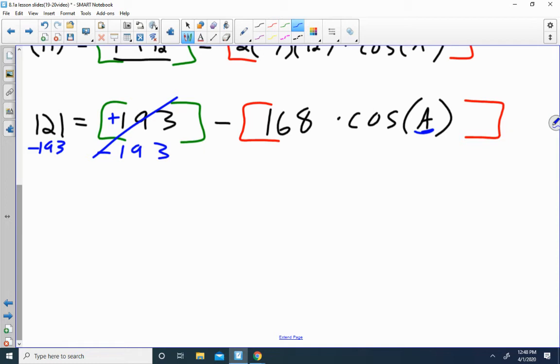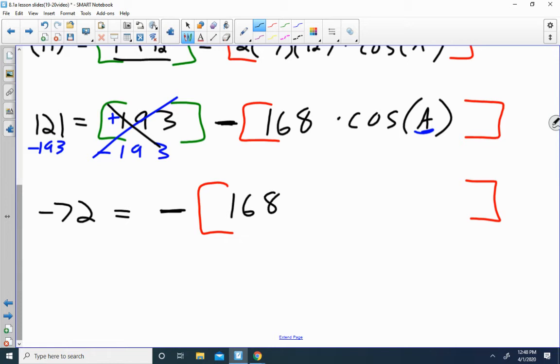And that's going to equal negative 72. Everything in green is gone. We just have the minus sign. And then we have everything in the red, which in this case would be 168 times cosine of A.